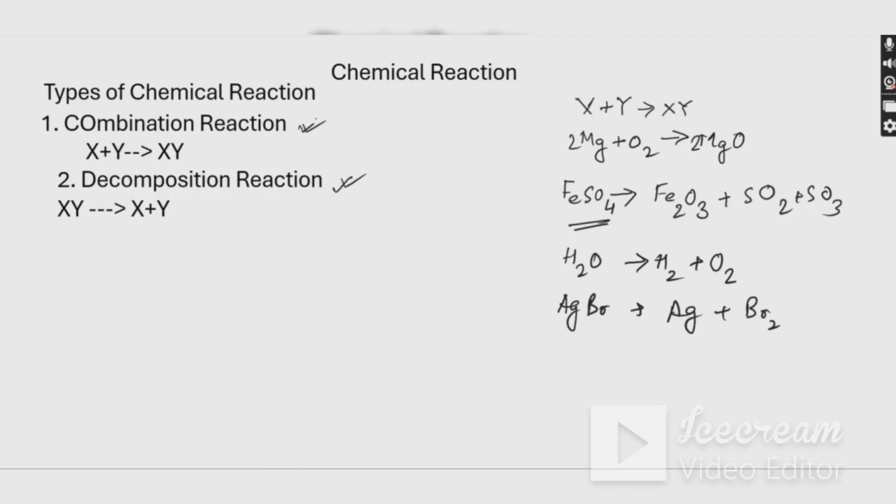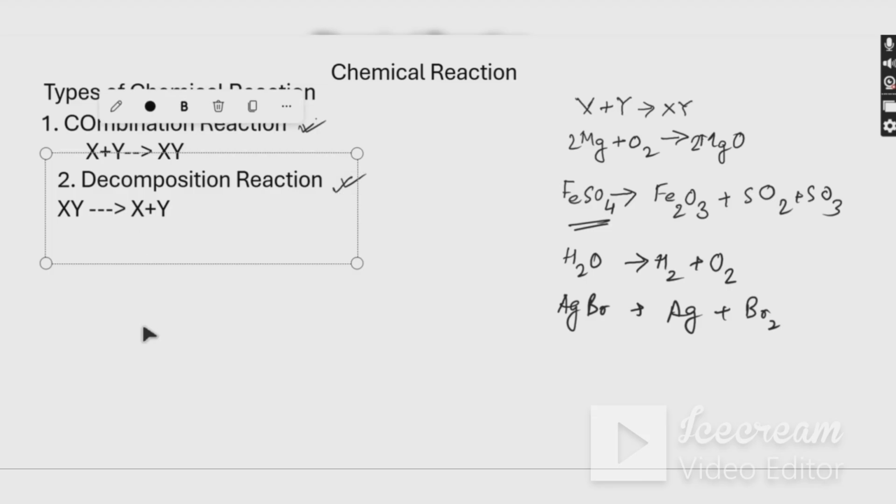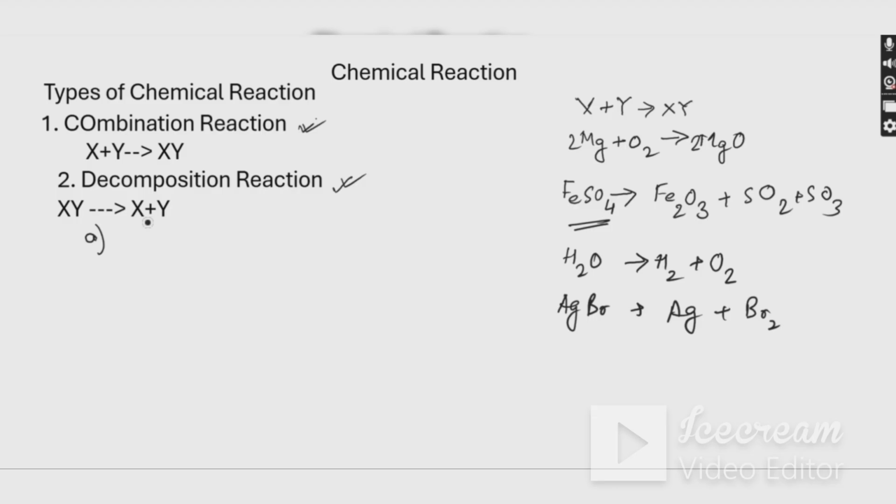So what are the different types of decomposition reaction? It is completely depending on how the decomposition reaction is taking place. The first type of decomposition reaction that I'm talking about is because of heat.